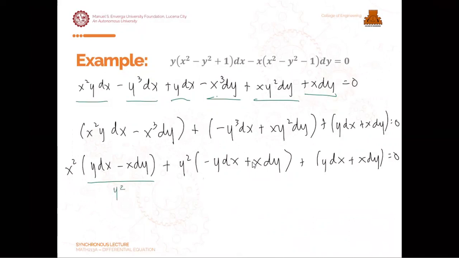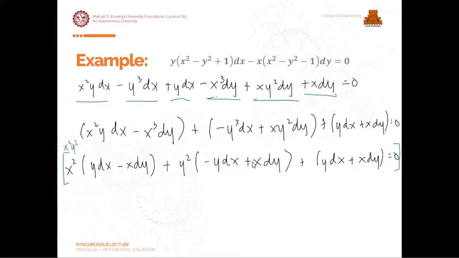Then dito, para ma-apply natin x dy minus y dx, kailangan ito ay x squared. So, kailangan multiply natin both sides by x squared y squared, para ma-eliminate yung kasama nilang coefficient dito. Okay? So, let's try. Multiply natin yung whole equation by x squared y squared.